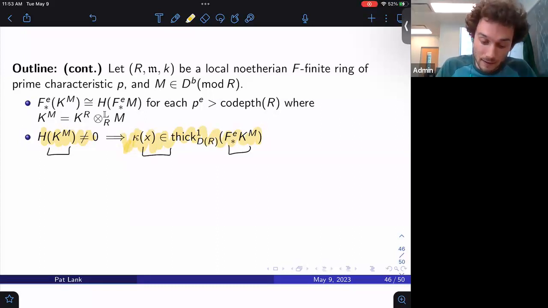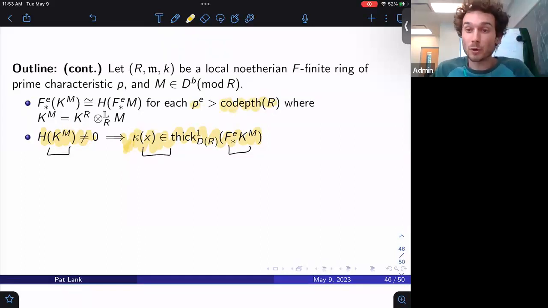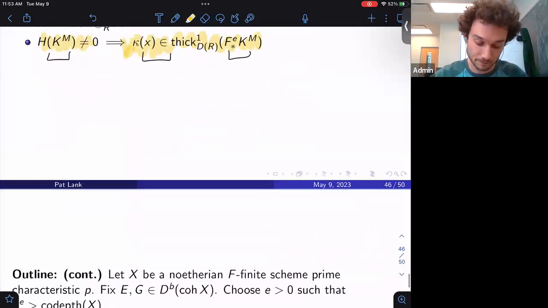And the only things I care about are its codepth and the characteristic I'm working in. So one idea is, if I define the codepth for a scheme, can I know it's finite, and I know the prime characteristic, obviously. Well, can I uniformly use this to produce all residue fields locally with a single object coming from the global category?